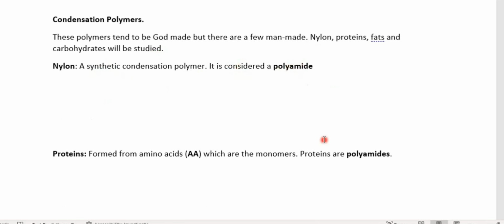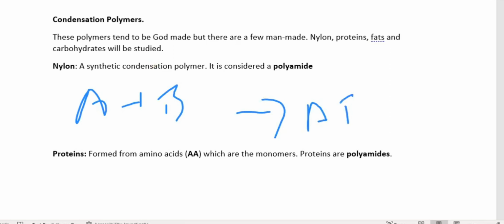So let us dissect what is being said here. Synthetic means that it is a man-made polymer, and it's made by condensation reaction. What is condensation reaction again? Try to remember, I think I did say this. Condensation reaction occurs where you have two things coming together, A being bonded to B to make AB.